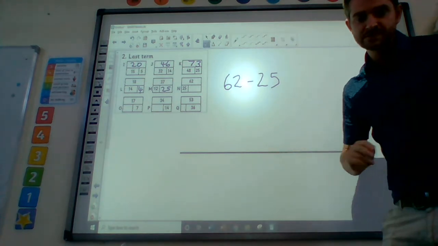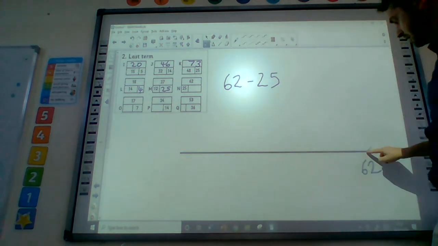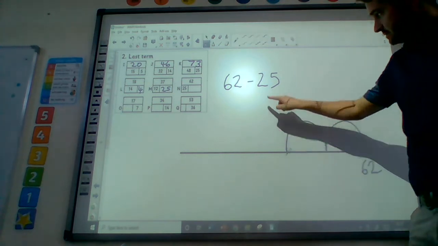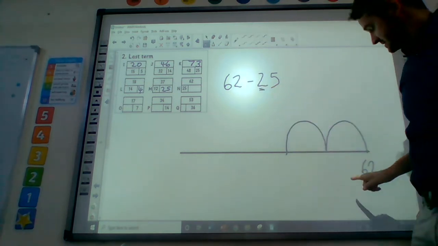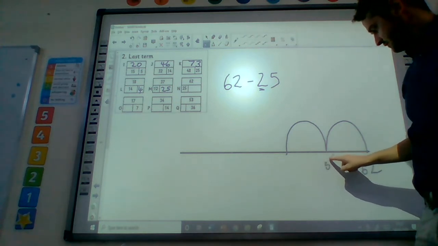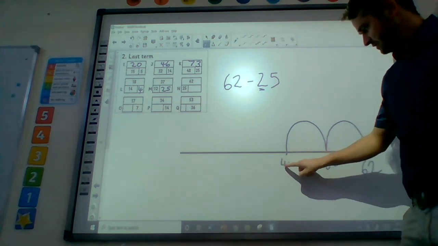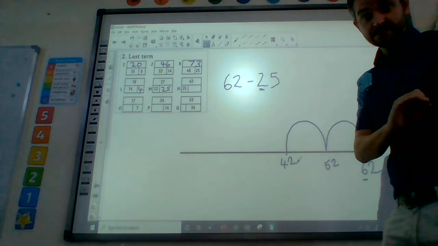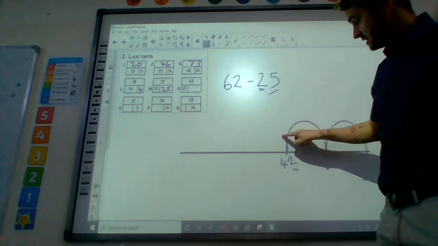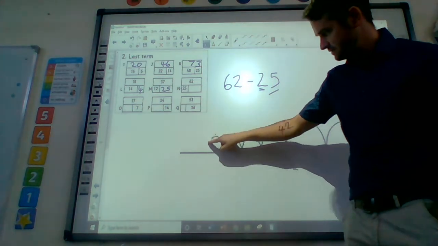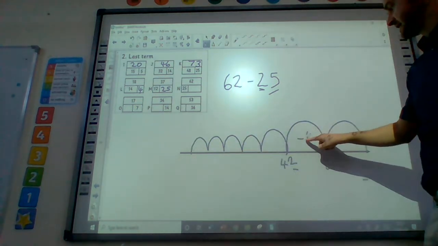Make sure you are doing some maths at home as well. 2 jumps of 10, because it's 25. And we're changing the tens. So 62, 52, 42. That's our tens finished. Now we change the ones. 5 ones. 1, 2, 3, 4, 5. Let me make clear these are tens.